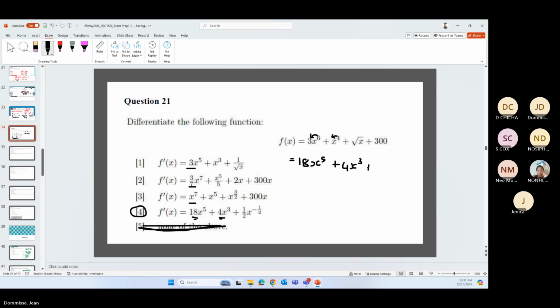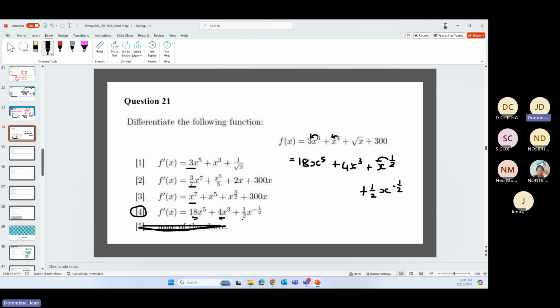Then I'm first going to rewrite this. So that is x to the power of a half. If I need to differentiate that, the half goes to the front, a half x, a half minus 1 is minus half.